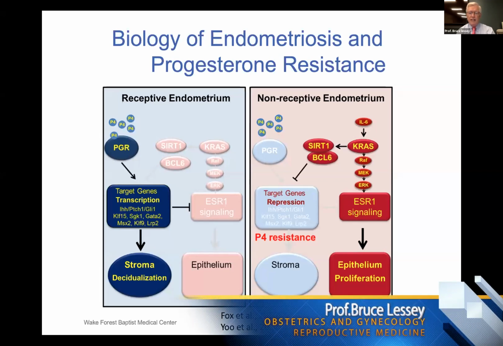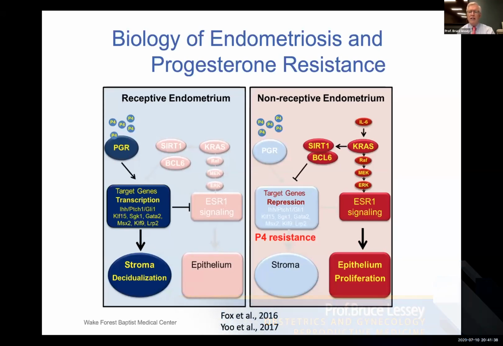In the right side, in the case of inflammation and endometriosis with IL-6, IL-8, IL-17, we have activation of KRAS. KRAS is turning on a protein called SIRT1 and another associated lymphoma protein called BCL6. And these two proteins actively turn off the genes that progesterone is trying to turn on. And this leads to progesterone resistance. And importantly, estrogen is not downregulated and stromal decidualization does not occur.